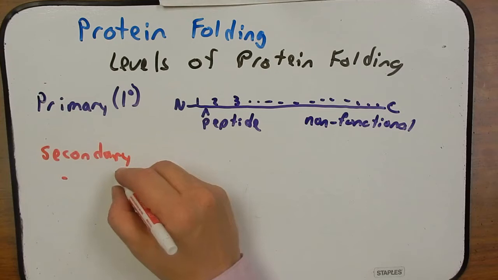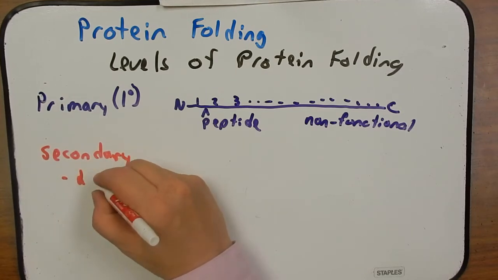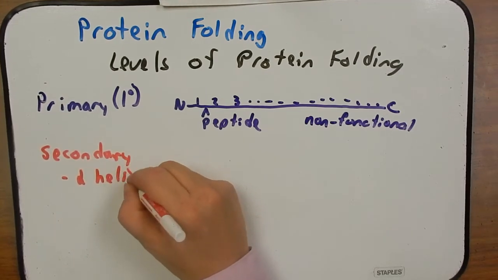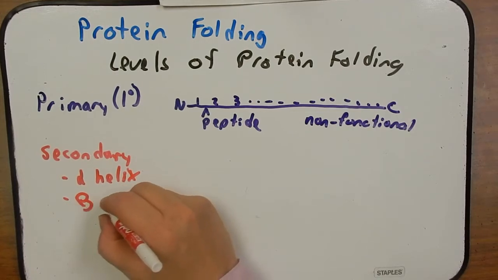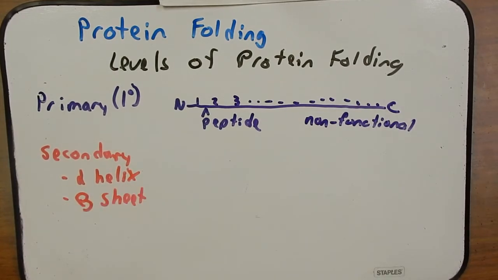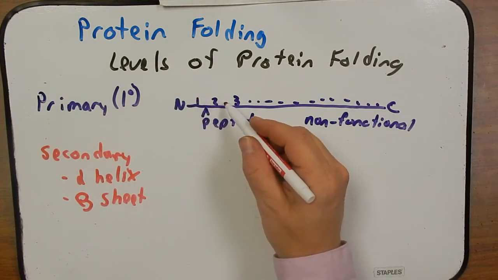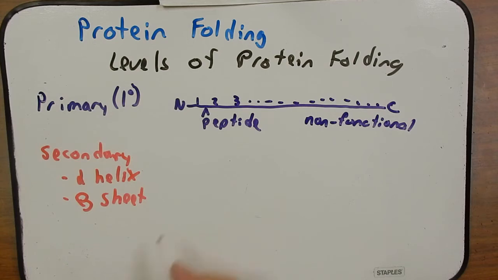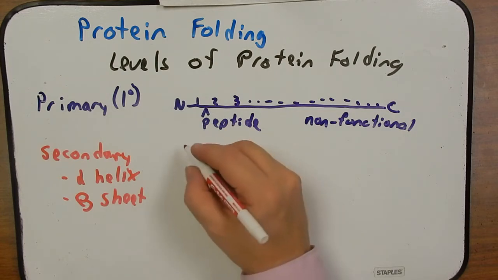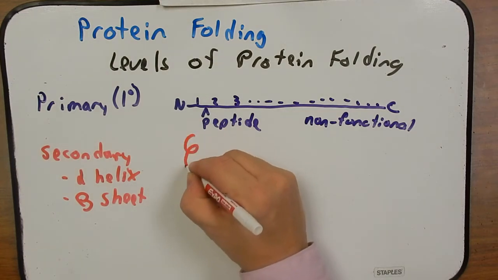There are two main kinds of secondary structures. I'm going to write them here: alpha helix and the beta sheet. Both of these secondary structures take advantage of hydrogen bonding between amino acids that are near them. Not necessarily right next to them, but in the vicinity of each other. We could draw an alpha helix like this.